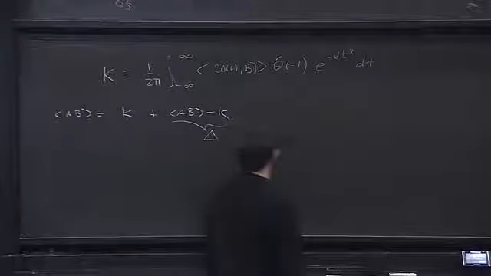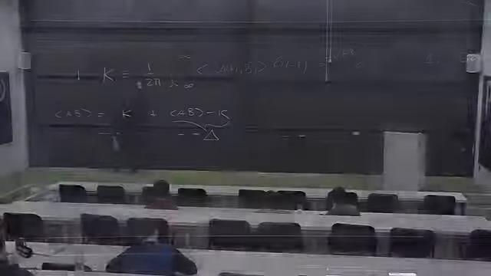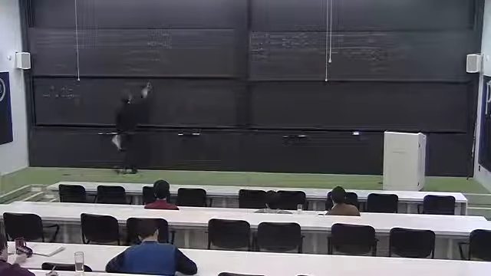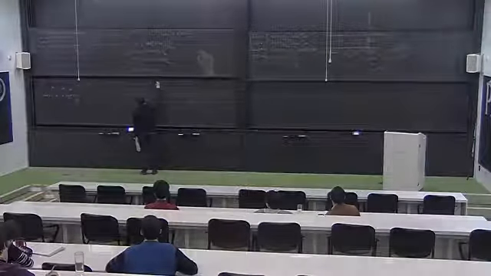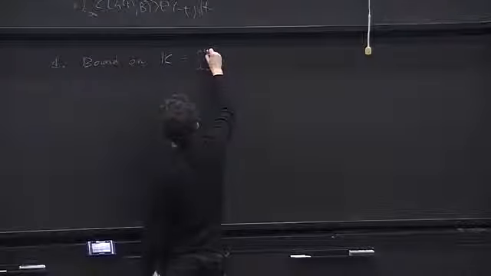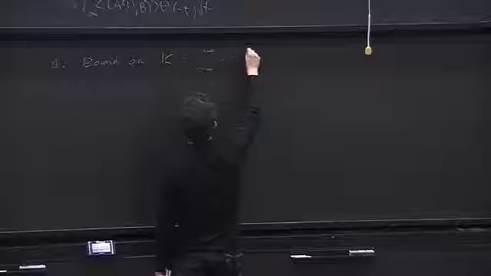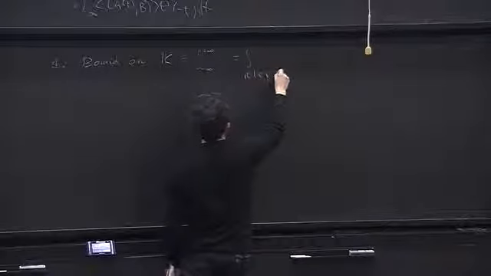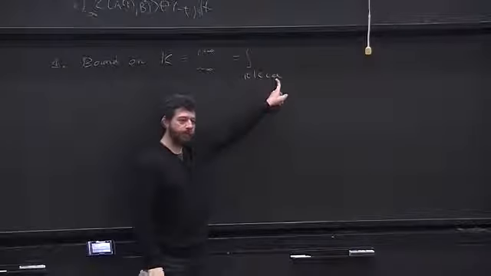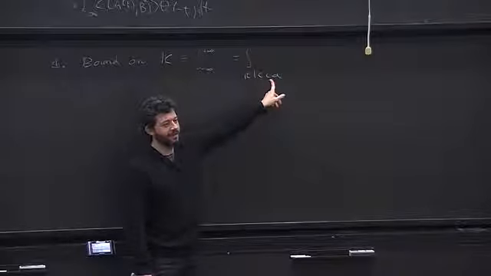Okay, so first part. Bound on K. So K is this integral, right? And as I said, we can split it in two parts, short time domain, so short with respect to D. And C is something that has the dimensions of the inverse of a speed, right?